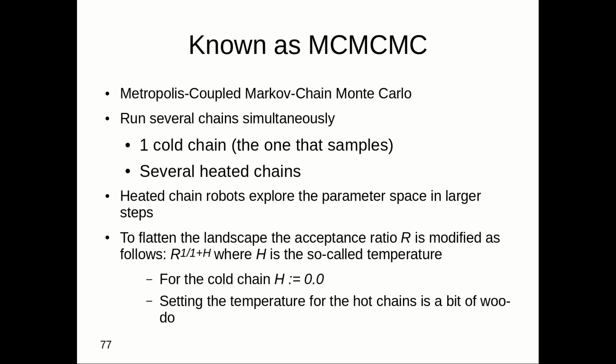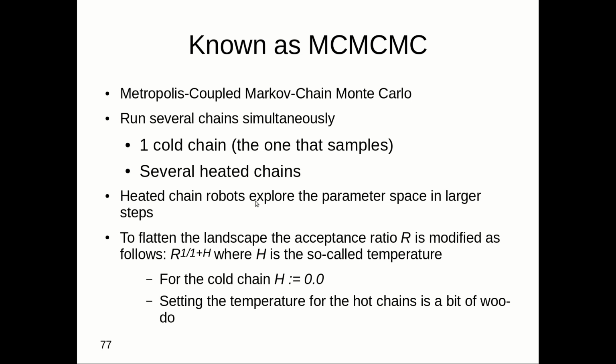This is metropolis coupled Markov chain Monte Carlo, MCMC. What we do is run several chains simultaneously. We have one cold chain, the one that takes the samples, and typically several heated chains. Those heated chains, or heated robots, explore the parameter space in larger steps, just because they see a flatter version of it.